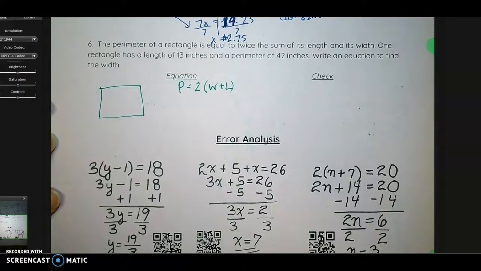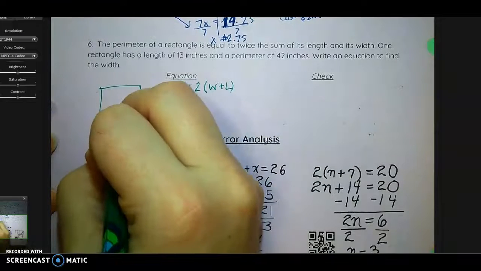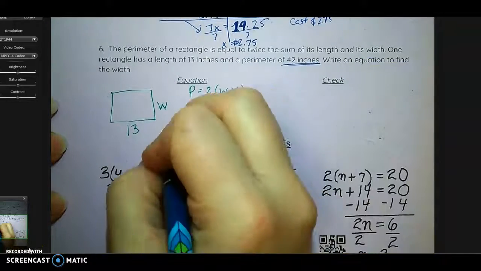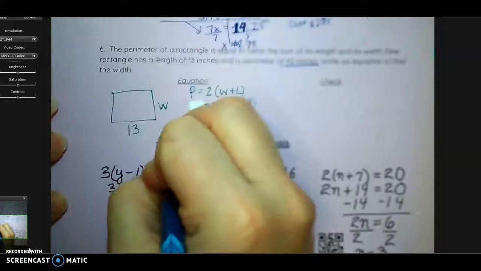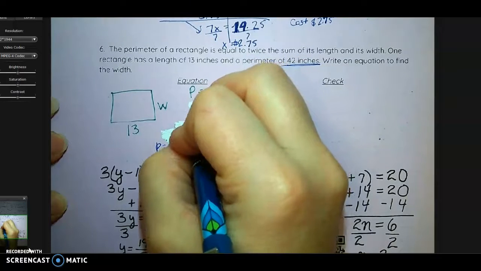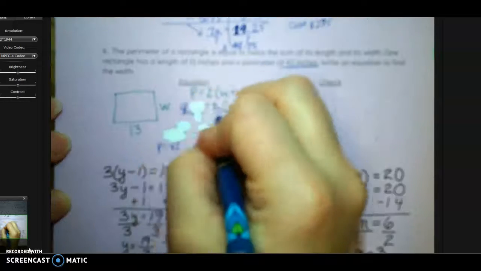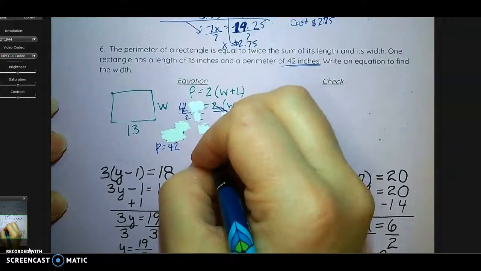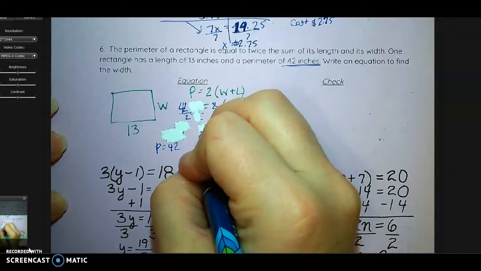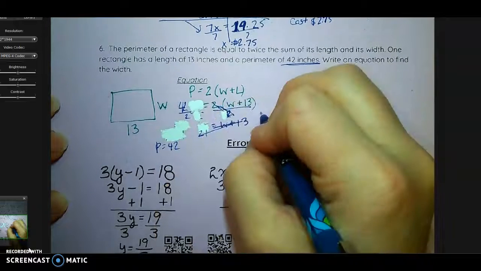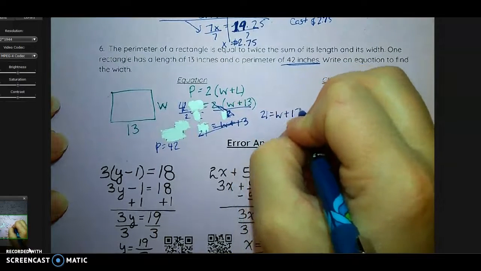One rectangle has a length of 13 inches. All right, so 42 inches. So my perimeter is 42. So I'm going to put a 42 in right here. And I'm going to divide both sides by 2. Cancel those out, and I get 21. Is that hard to read there? Let's try that again. 21 equals W plus 13.